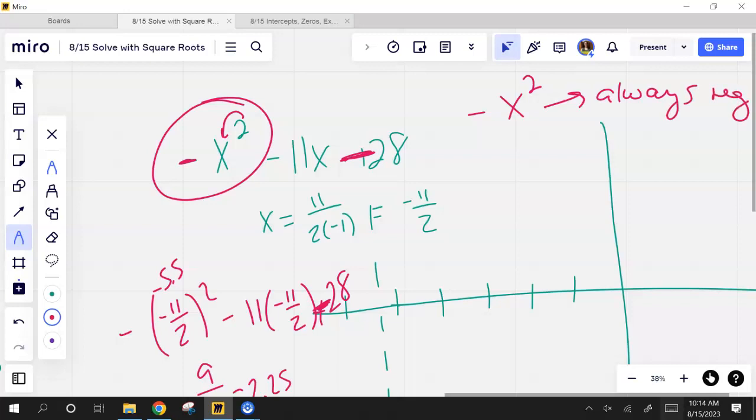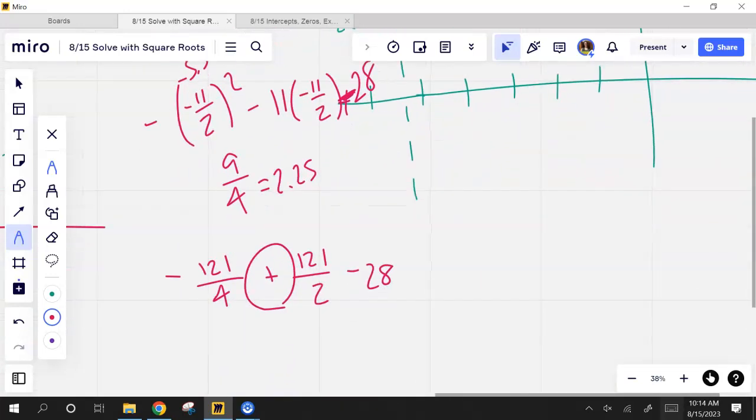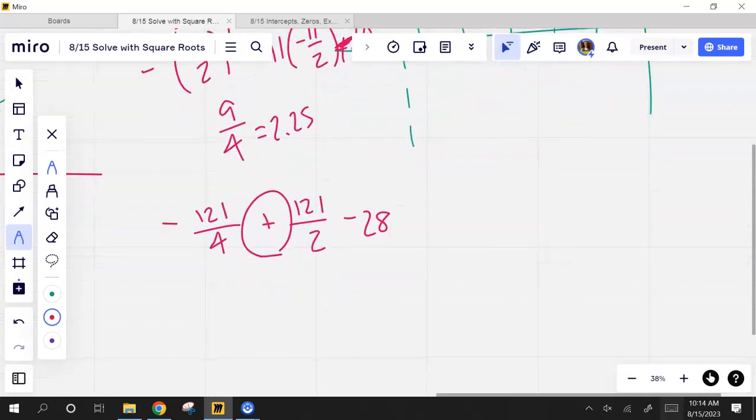Leah, you're still getting 118 when you do it by hand? That's right.